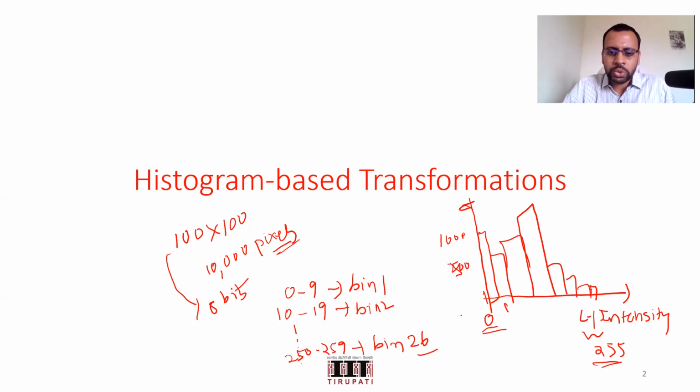So this is what I can do, and it is still telling me the distribution when I have that bin. This bin size I could vary, and I should be able to get a good representation of that image by just looking at, in this case, 25 or 26 values.